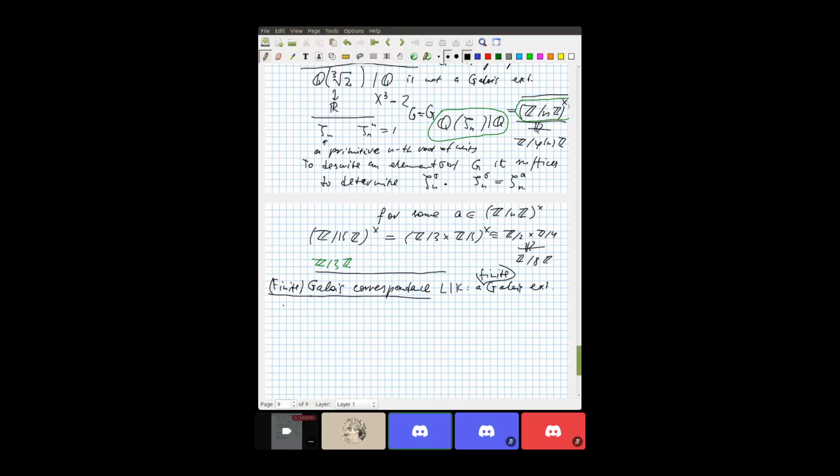This means that K is the fixed field of a certain finite group, namely the group of all automorphisms of L over K. So this is a finite group.